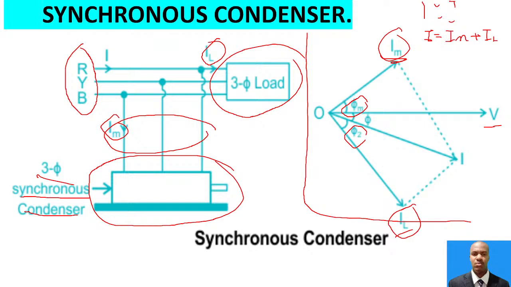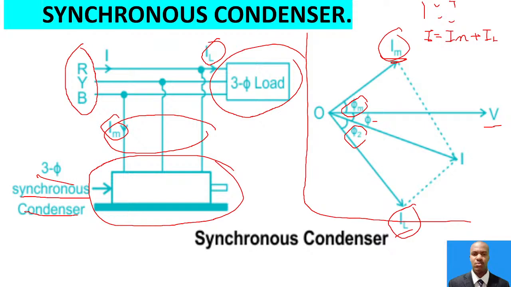Therefore, it is clear that the angle phi, the angle between voltage and current, is less than phi 2, that is phi L, and hence the cos of this angle is greater than the cos of phi 2.